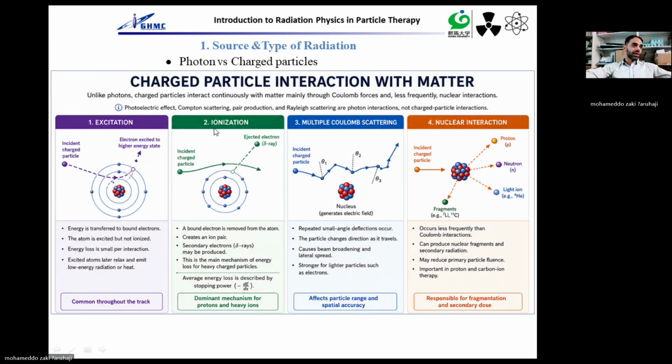matter. Now, excitation is when a collision happens between two charged particles, and energy is transferred to the electrons.